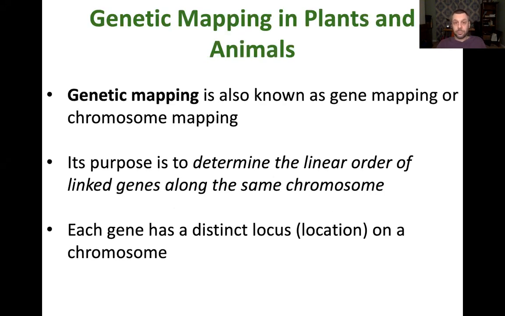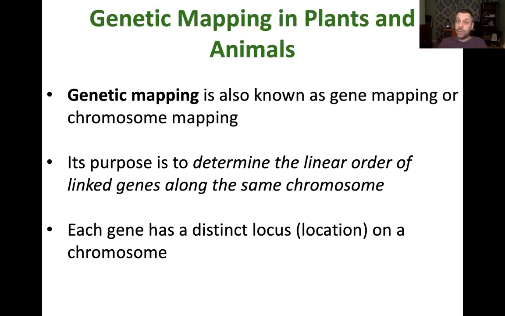Genetic mapping is something that's not really done anymore, but we're going to talk about it anyway, because it's important to understand how it's done to understand how genomes are organized. Genetic mapping was a technique whereby scientists figured out the order of genes along chromosomes.